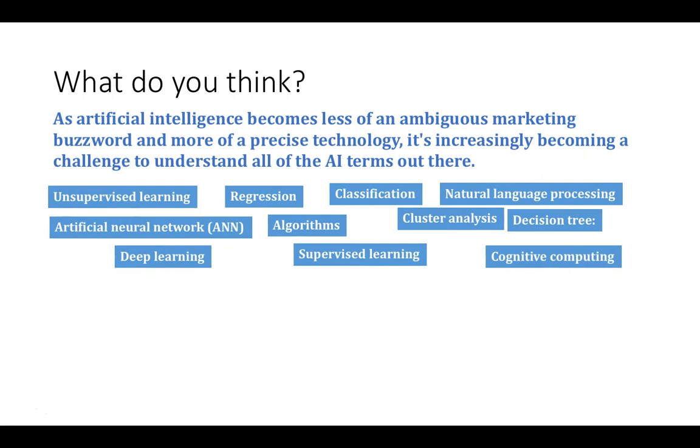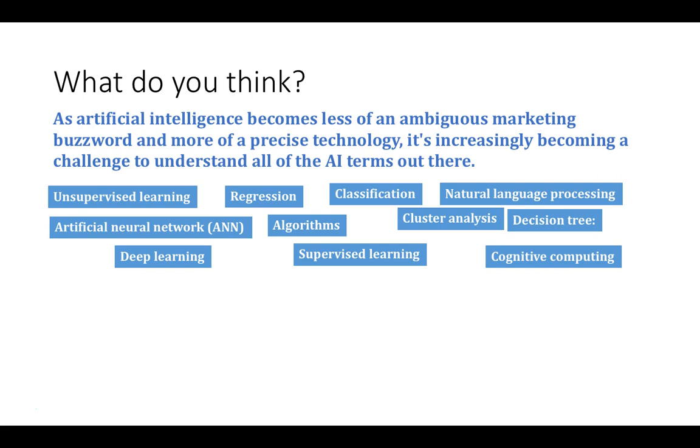So before we get in and talk about some of this terminology, let us read this statement. As artificial intelligence becomes less of an ambiguous marketing buzzword and more of a precise technology, it's increasingly becoming a challenge to understand all of the AI terms out there. There is too much terminology out there.